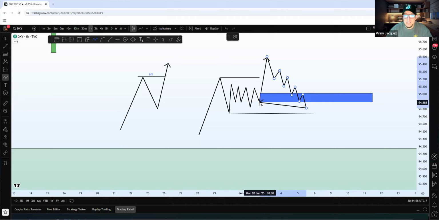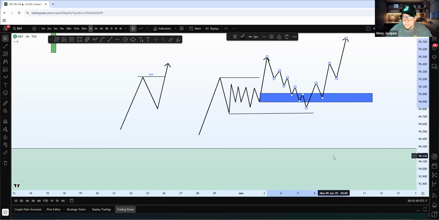Now everybody's thinking sells, sells, sells, but we haven't broken the dominant low. So this is how you prevent yourself from getting faked out. If the market does not break the dominant low, the market still has a chance to continue going higher. Does that make sense, George? So it's very important we understand where that dominant low is. Does that make sense, everybody? Let me know. Give me a 10 if that makes sense.